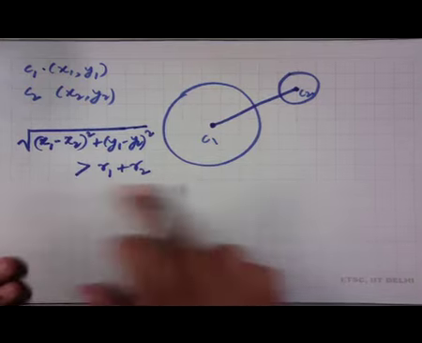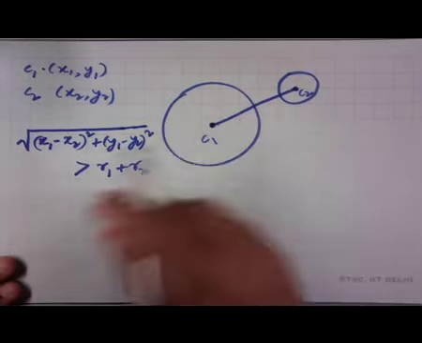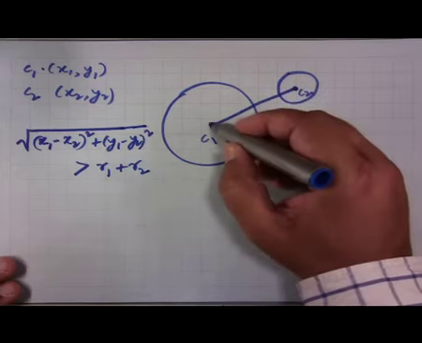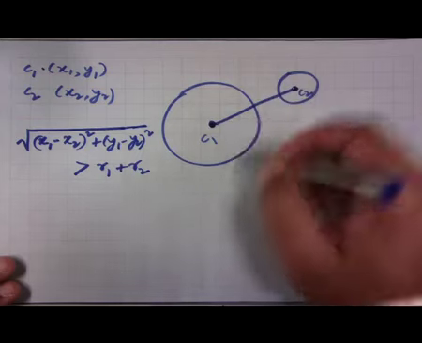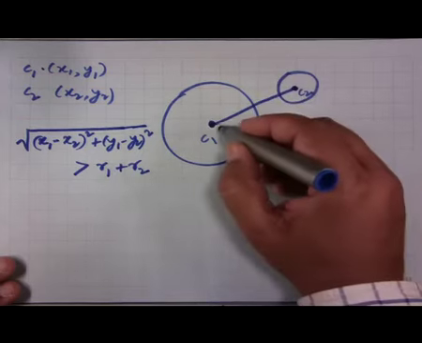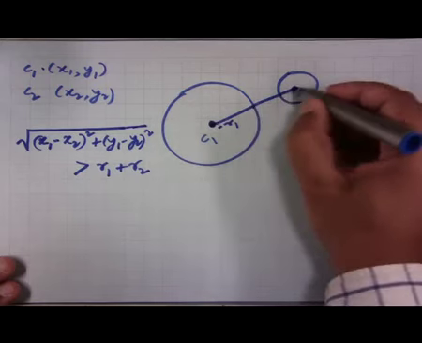If this condition happens, then it is clear that if we join the centers with a straight line, then this distance is R1 from here to here and this distance is R2.